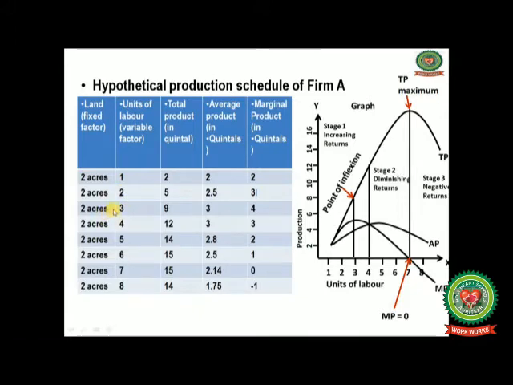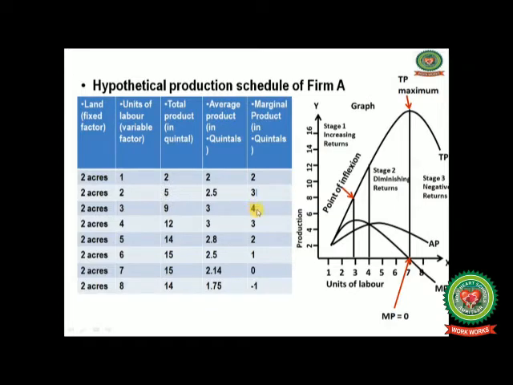Now when the labor is increased from 2 to 3, our total product also increased from 5 to 9, and average product is 9 divided by the 3 units of the variable factor. So it is equal to 3, and the marginal product we will calculate from current total output minus previous total output. 9 minus 5 you will get 4.